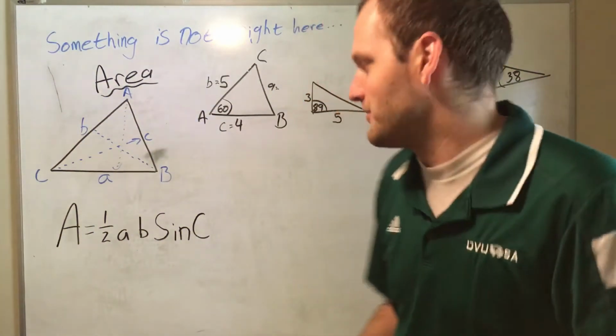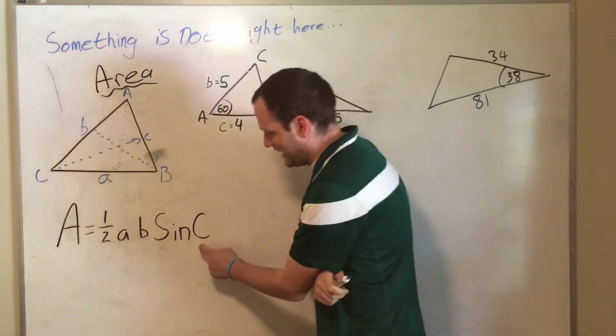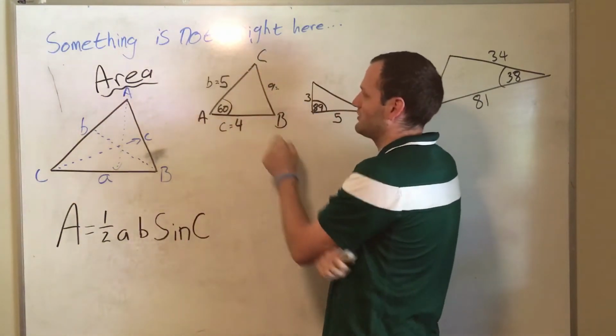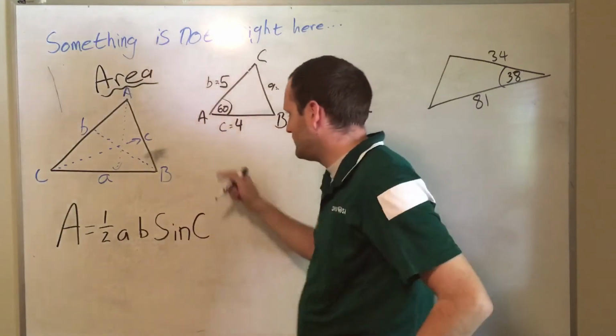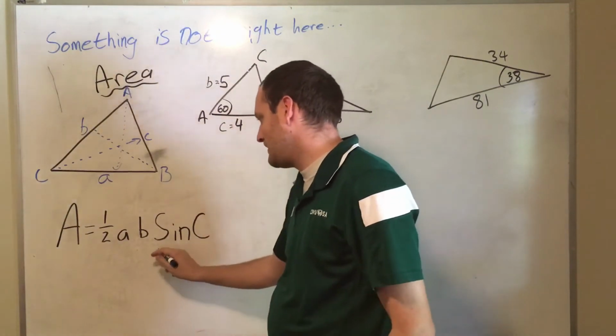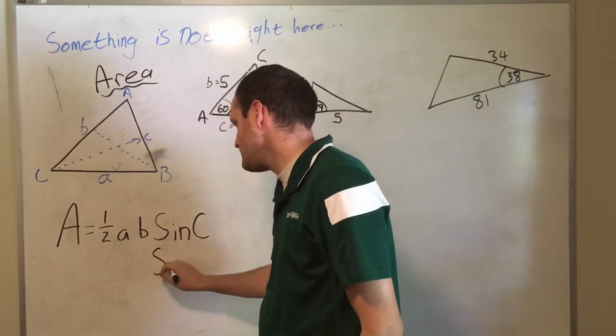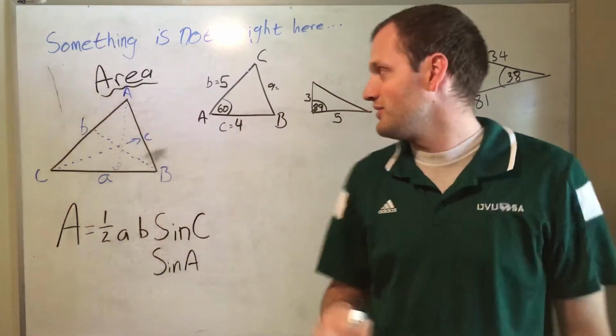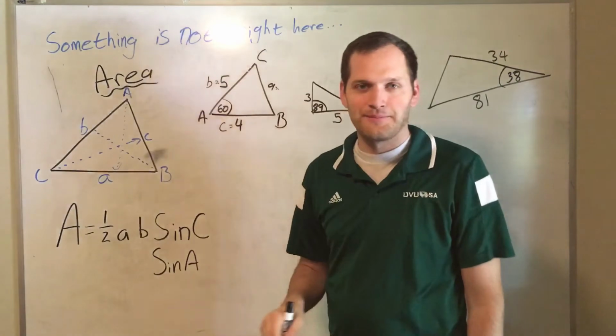So what if we change up the formula a little bit? Isn't this just an angle and then the two sides that are right next to it? An angle and the two sides next to it? So if I wanted this to use A instead, what two sides would I be using if I was using angle A?